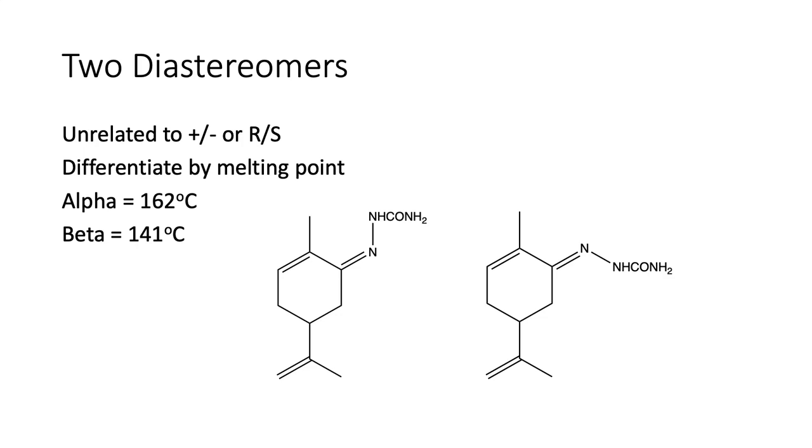Since there's not a lot of rotation around the C-N double bond, you'll either have that extra nitrogen group pointing up towards this methyl group or away from it. And these two compounds have different melting points, so you will characterize your crystals by melting point to figure out which of these isomers you have, the alpha or the beta. And most people will make the beta because it has less steric hindrance, so it's a little bit easier for that to happen just synthetically. And so that's one of the first ways that you will characterize these compounds.